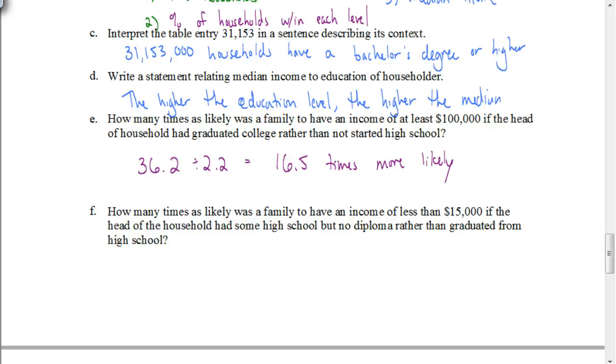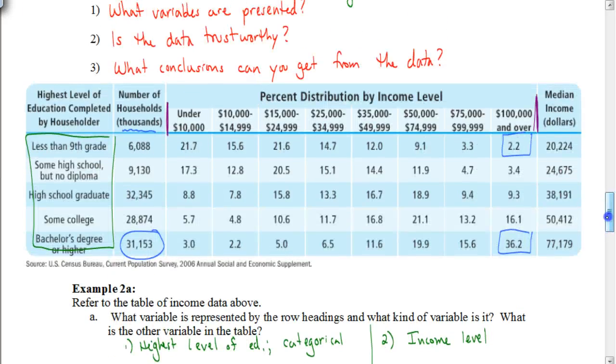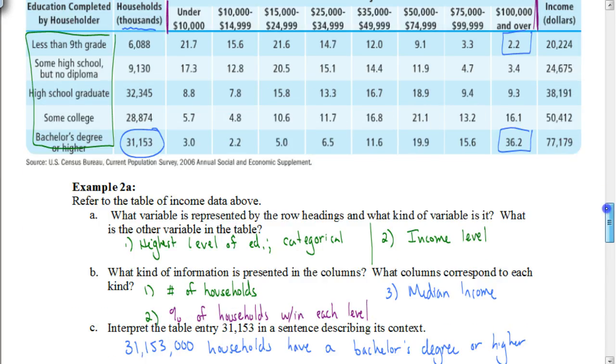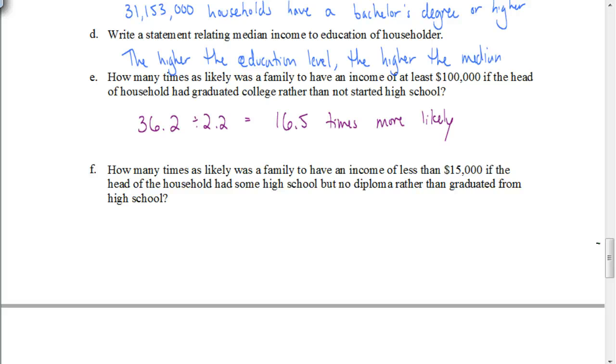And here it gets a little bit trickier. It says, how many times as likely was a family to have an income of less than $15,000 if the head of the household had some high school but no diploma, rather than graduated from high school? So when I look at this data, we want to figure out, again, having less than $15,000, so I'm going to look at that column.